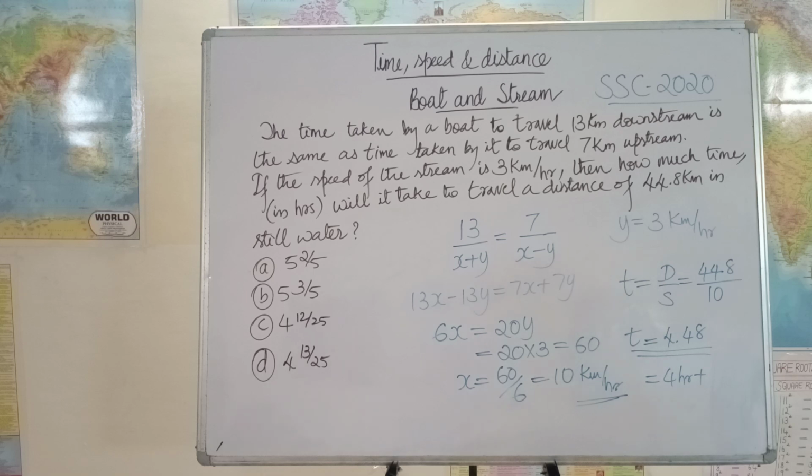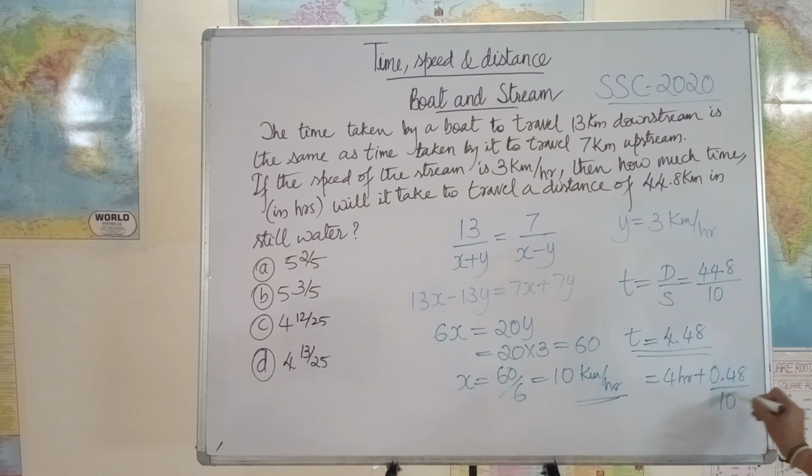Okay, we don't have to convert that way. 0.48 of an hour is how much? If it is 0.5, we can know it's 30 minutes. So 0.48 is, let's just do this.